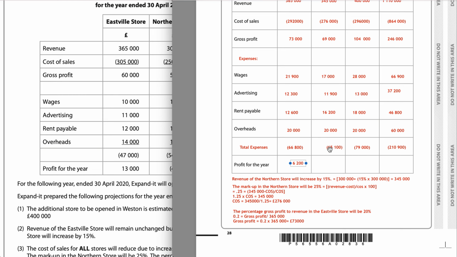The next one, 69,000 minus 65,100, is 3,900. Then 104,000 minus 79,000 is 25,000. Now the total profit: 6,200 plus 3,900 plus 25,000 is 35,100.